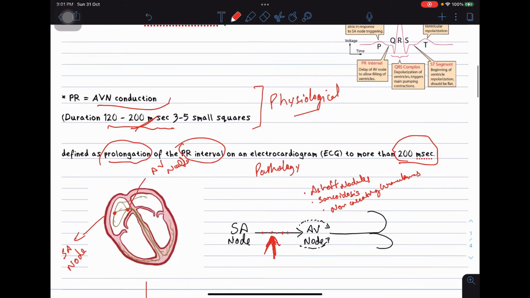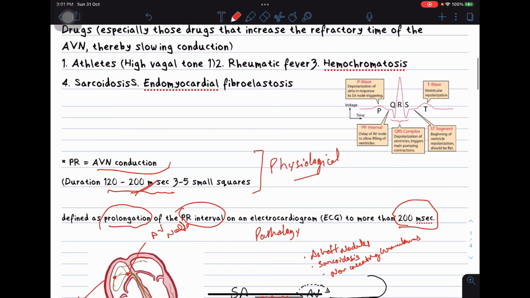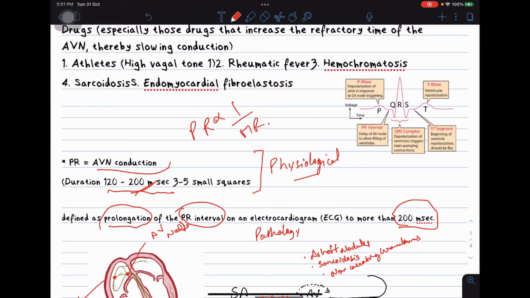Physiologically, in a normal person, if the sympathetic system is activated or the person is doing physical activity, then the person can have a shorter PR interval, because the PR interval is inversely proportional to the heart rate. If the heart rate increases, then the PR interval decreases, and the opposite is also true.